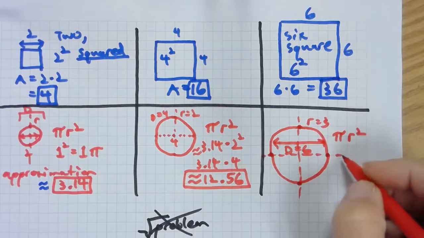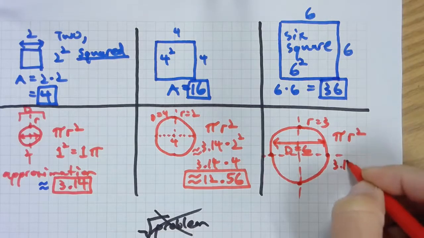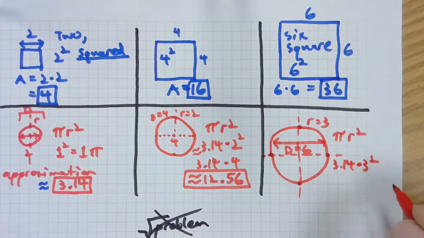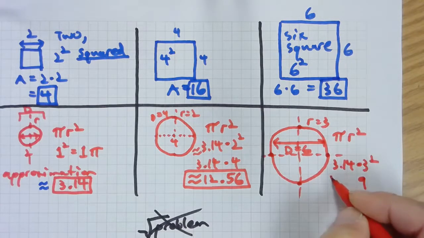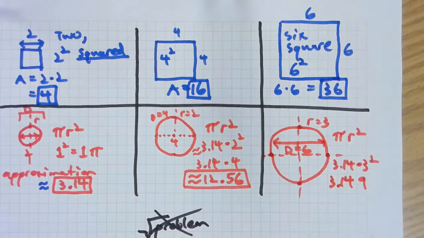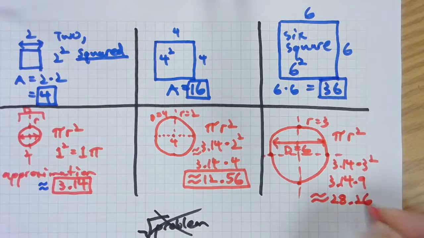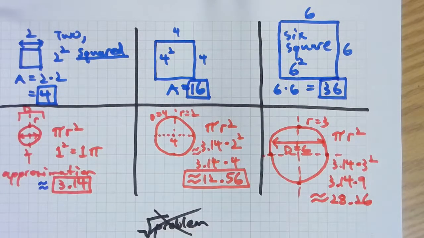But then we're going to pretend like pi doesn't exist after that. 3 squared, 3 times 3. Very good. 6. Upside down. Okay. And that's going to be, based on past experience I have, about 28.26, right? 3 times 3 is 9.